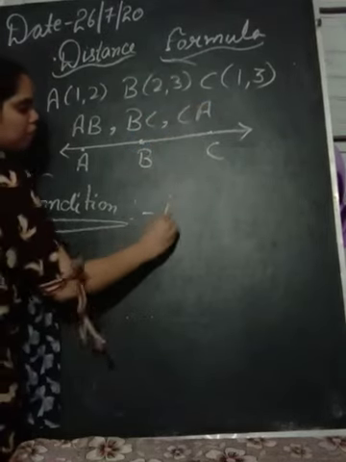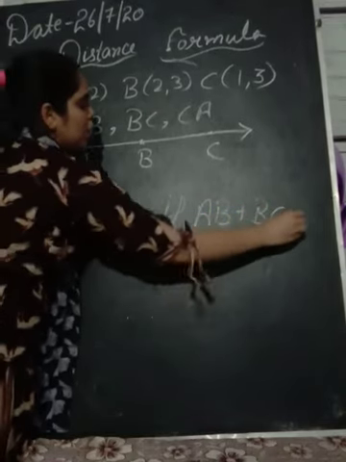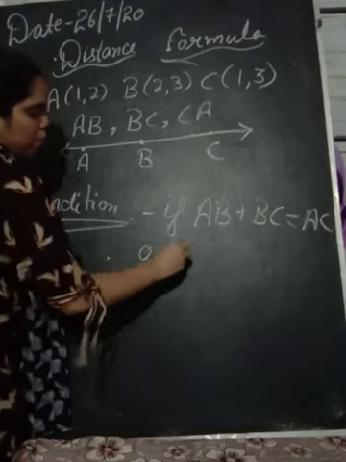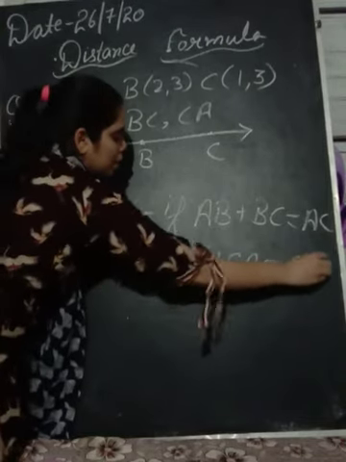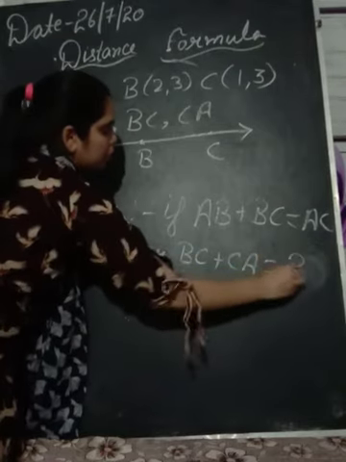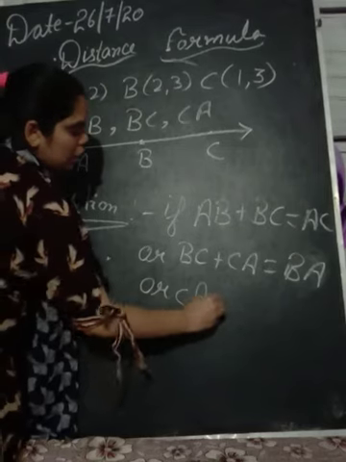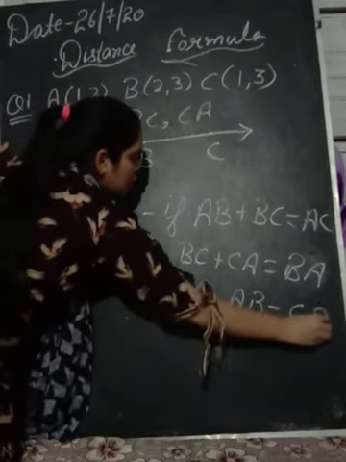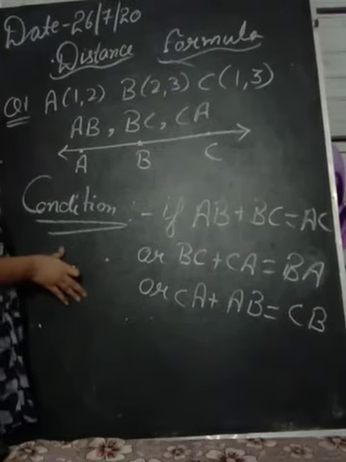Then if AB plus BC is equal to AC, otherwise BC plus CA is equal to AB, otherwise CA plus AB is equal to CB, then only we can say yes, the points are collinear.